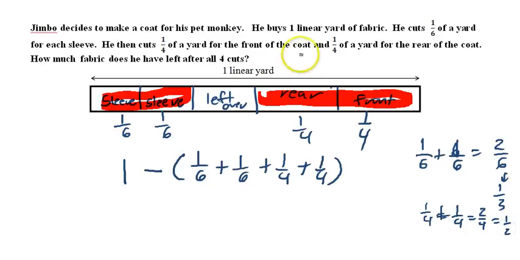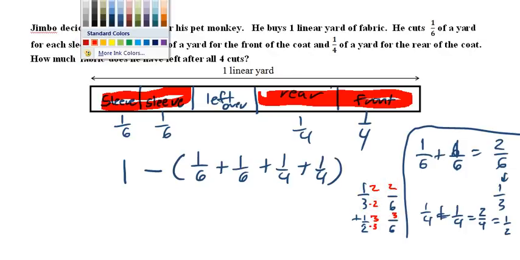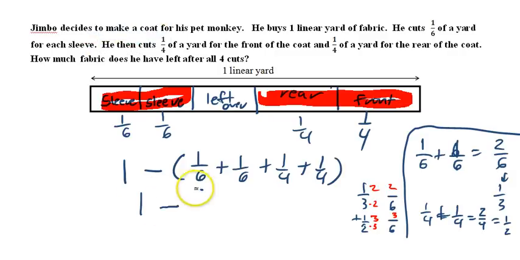So what we have is 1/3 plus 1/2. Common denominator would be 6. For a total of 5/6. So this is really 1 minus 5/6.